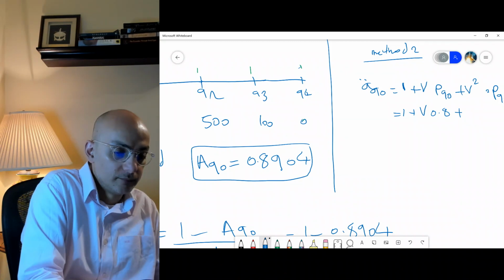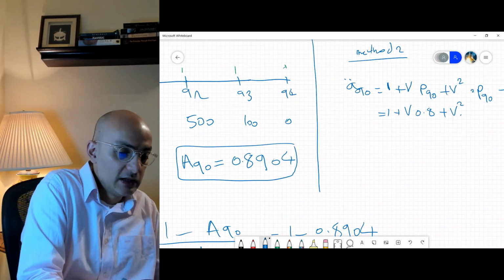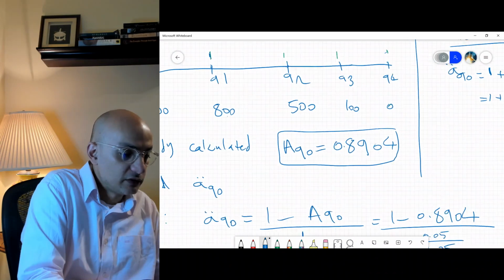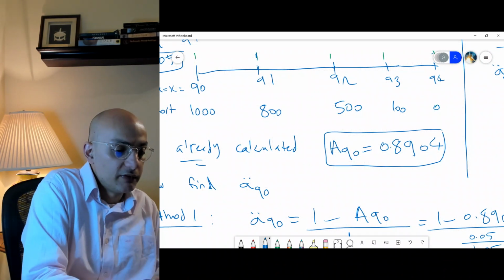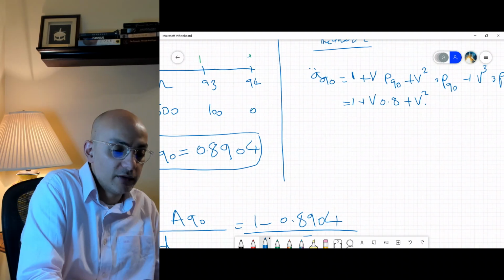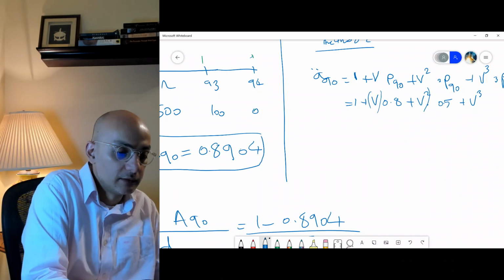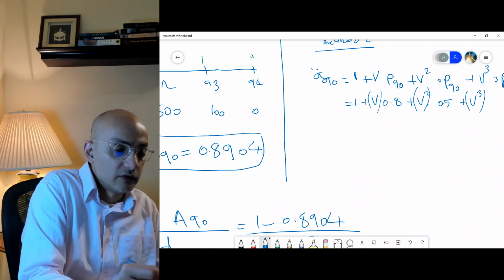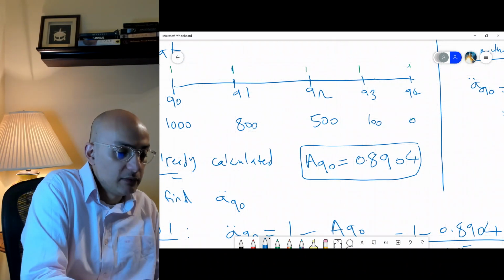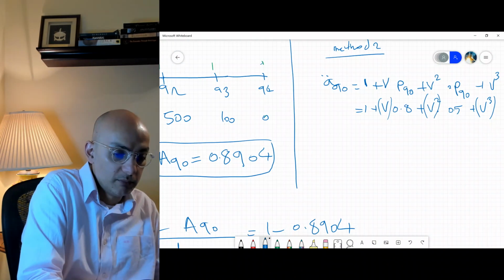Plus v² multiplied by 2p90. You need to survive 2 years from 90. To survive 2 years is 500 divided by 1000, which is 0.5. Then v³, maybe I can put parentheses here. To claim the third one, the probability of surviving is 100 divided by 1000, which is 10%.